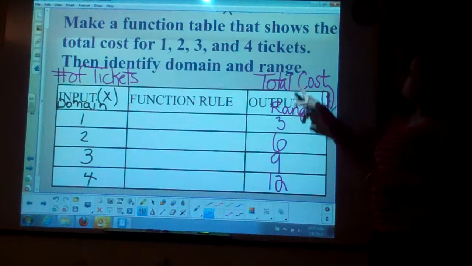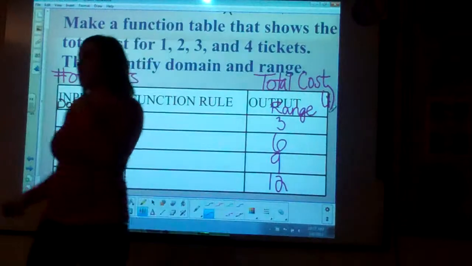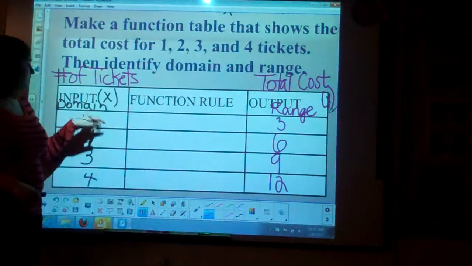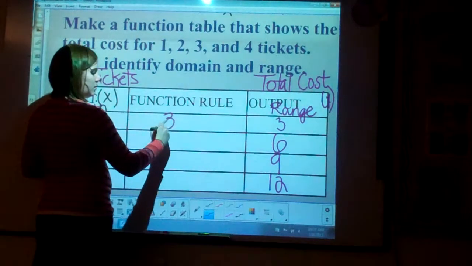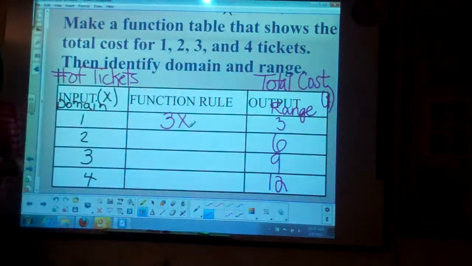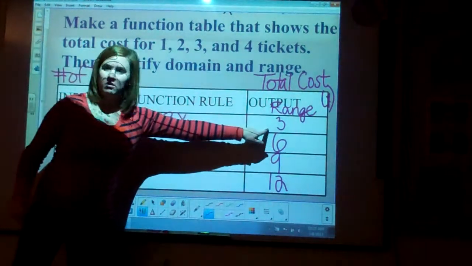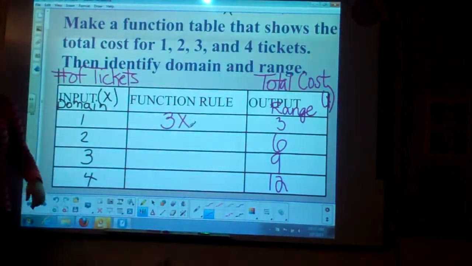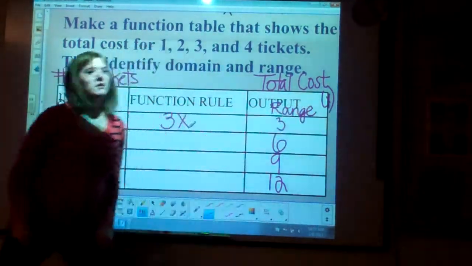The charge, which is $3. So to go from our input to our output, we are multiplying every input by 3. So this would be 3x, because whatever we put in for x gives us our y. Our input is our domain, our x. Our output is our y.